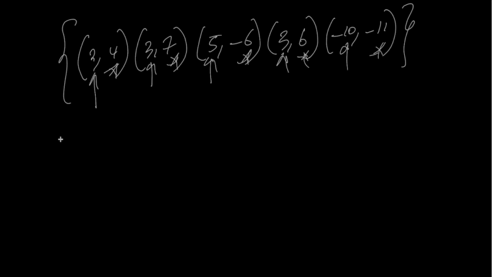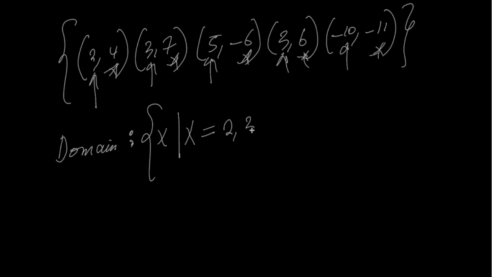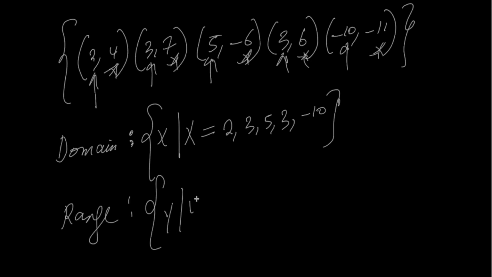If you want to represent the domain, x such that x is equal to 2, 3, 5, 3, minus 10. I'm referring to all these first ones. Then to represent the range, you say y such that y is equal to 4, 7, minus 6, 6, minus 11. So whenever you are given any set of numbers that involves both the domain and range, you can represent them like this with the set builder notation.